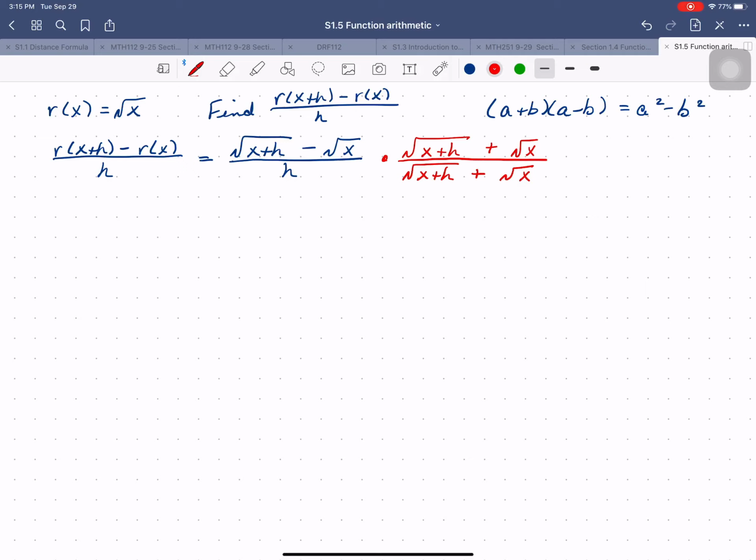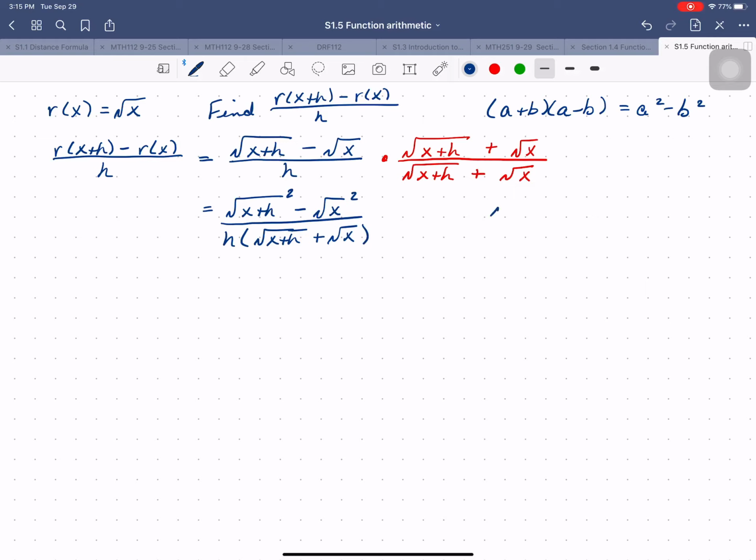It's still 1, it just looks strange. Now, why did I do that? Well, I did that because on the numerator, I'm now left with square root of x plus h squared minus the square root of x squared all over h times the square root of x plus h plus the square root of x.